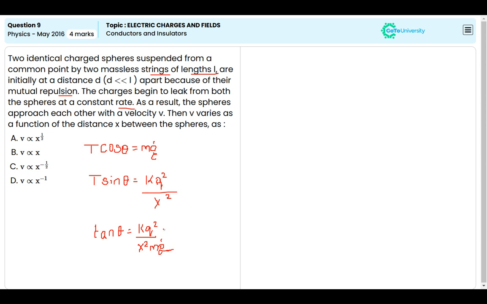Given that theta is very small, we approximate tan theta as sin theta, which is equal to x divided by 2L. Then this leads to the relationship x divided by 2L is equal to k q squared divided by x squared mg.